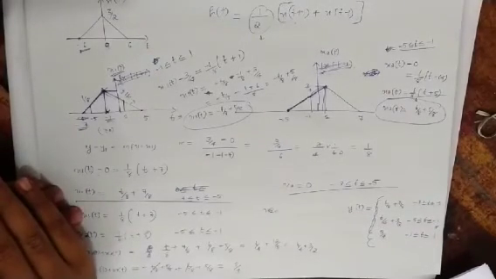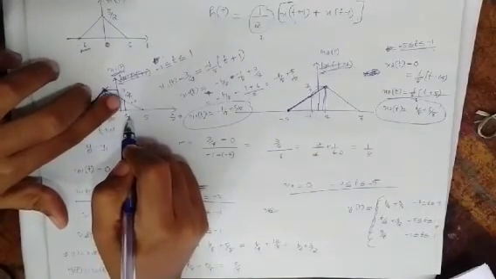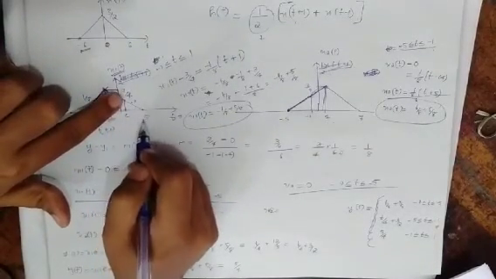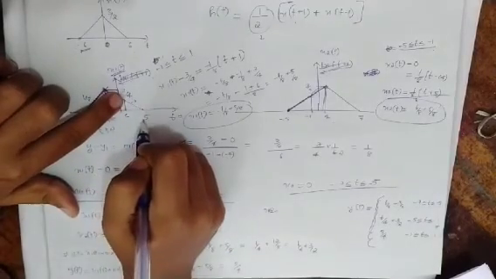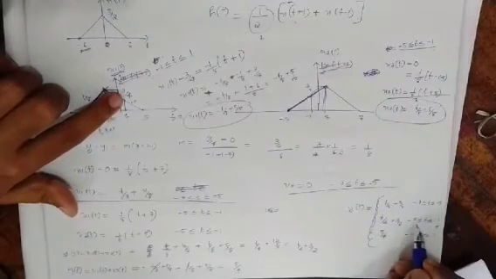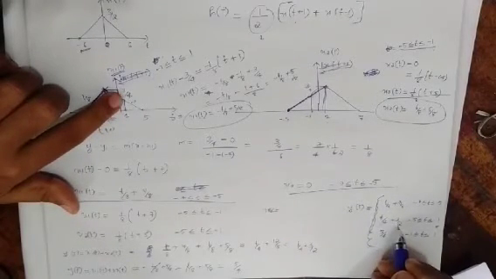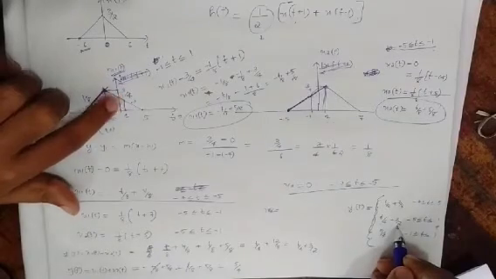And next we have reached up to 1, right? So the next is from 1 to 5. Okay, from minus 5 to minus 1 the equation is t by 4 plus 3 by 2.